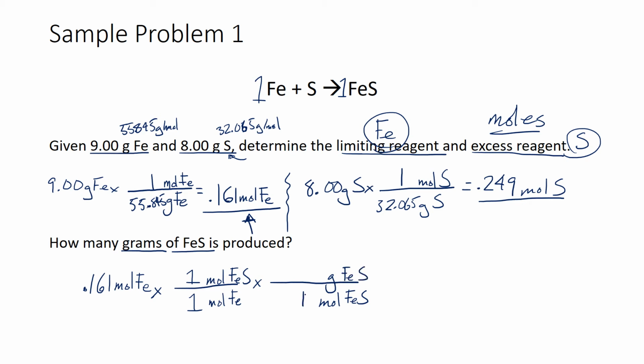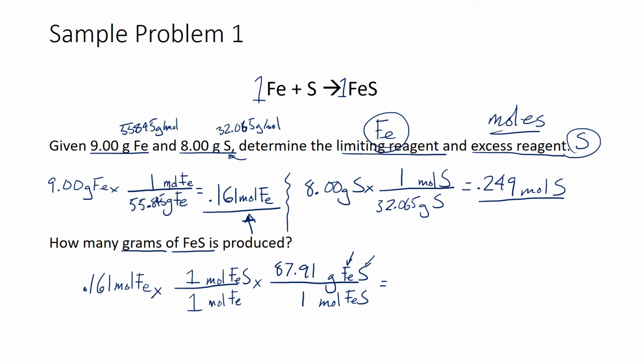Every 1 mole of iron sulfide weighs 87.91 grams. If you're wondering where I got that, I added the molar mass of iron and the molar mass of sulfur together. It's the procedure that I think most of us in class know. You're just adding up the molar masses from the periodic table.